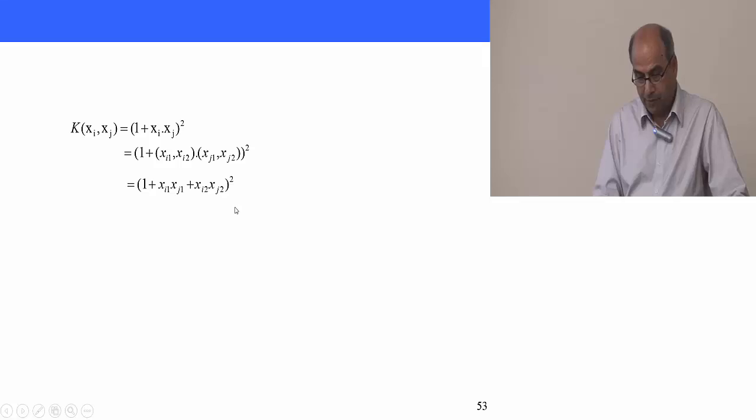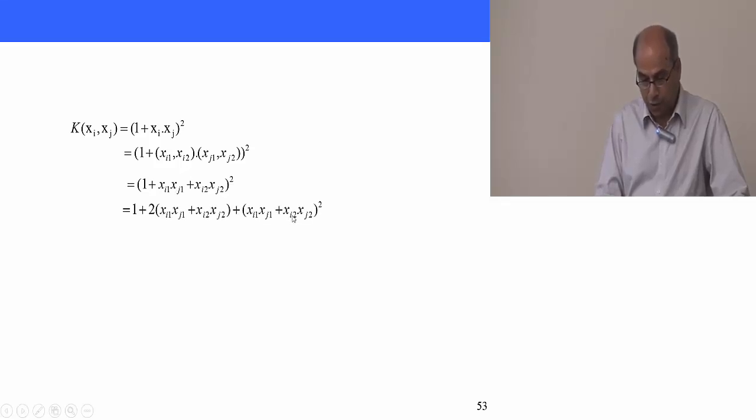Now we have to square this thing, taking this one and this one, so it's like a plus b whole squared. This becomes 1 squared and b squared, then 2 multiplied by 1 and this. Then we need to expand this thing, and this will be 2 xi1 xj1 and 2 xi2 xj2. Then we have to square this again, so it becomes this squared plus this squared here, and then 2 times this multiplied by that.